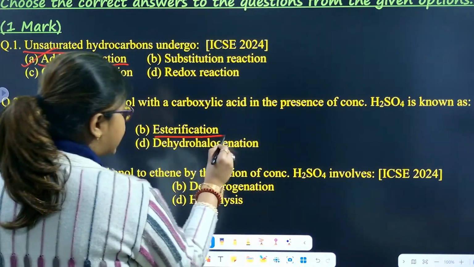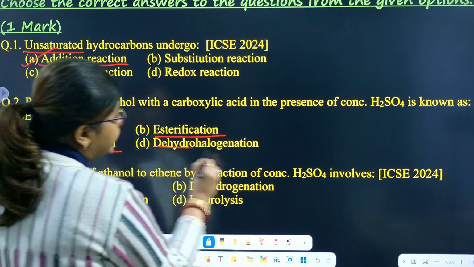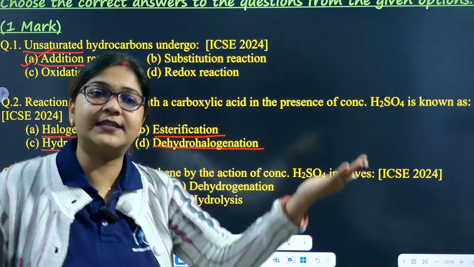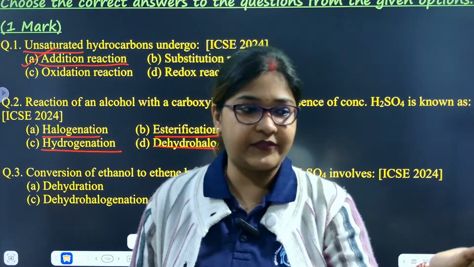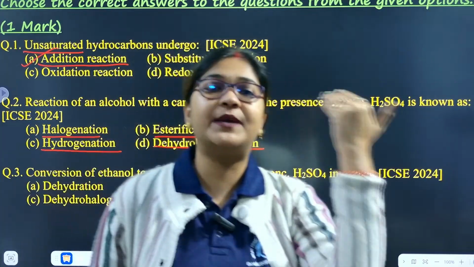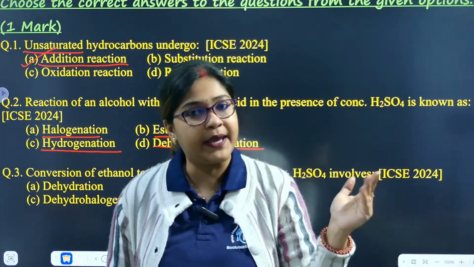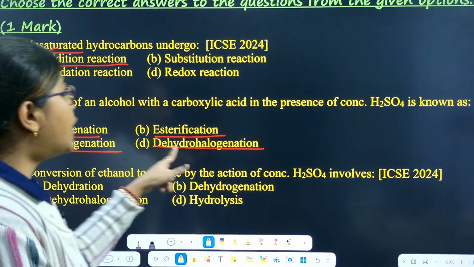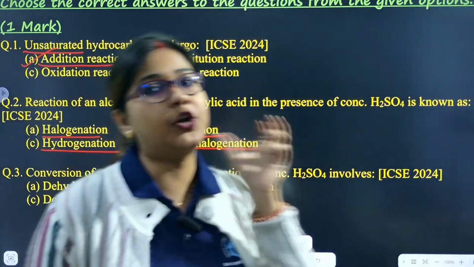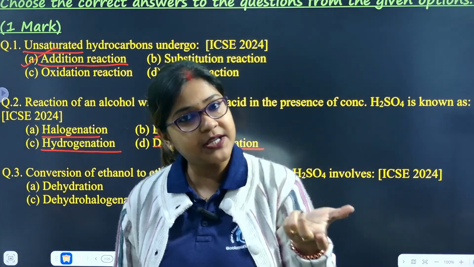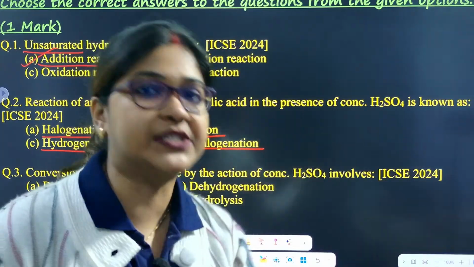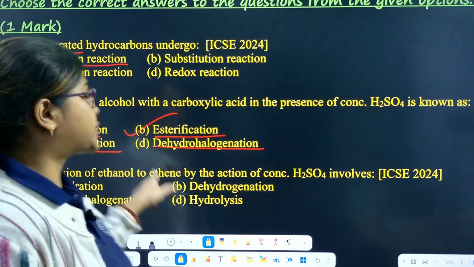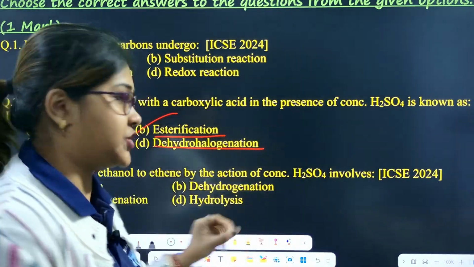Halogenation, esterification, hydrogenation, dehydrohalogenation. देखा, ये वहां पे था एस्टर कैसे फॉर्म करेगा, लेकिन वो जो एस्टर फॉर्मेशन है उसका प्रोसेस का एक नाम है, तुमको यहाँ पे रिएक्शन का नेम आइडेंटिफाई करना पड़ेगा। एसिड और अल्कोहल जब रिएक्ट करते हैं एस्टर जेनरेट होता है, इसलिए रिएक्शन प्रोसेस का नाम हो जाएगा esterification, right? So the correct option will be B, which is esterification.